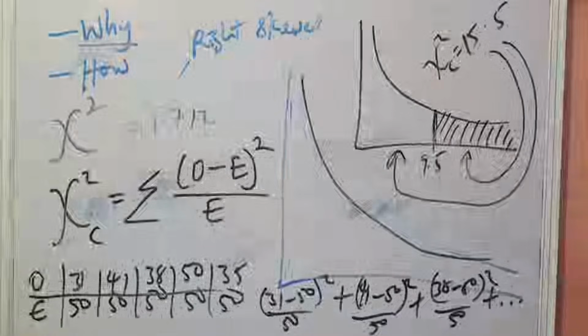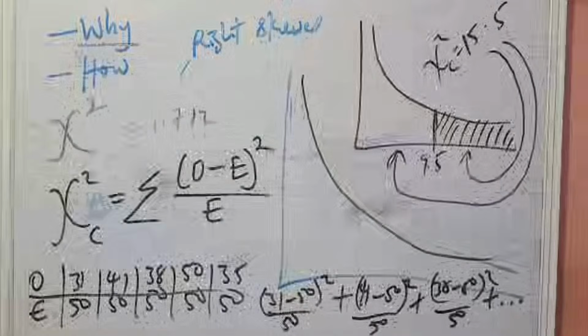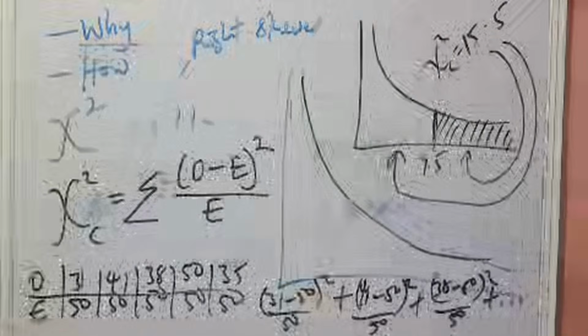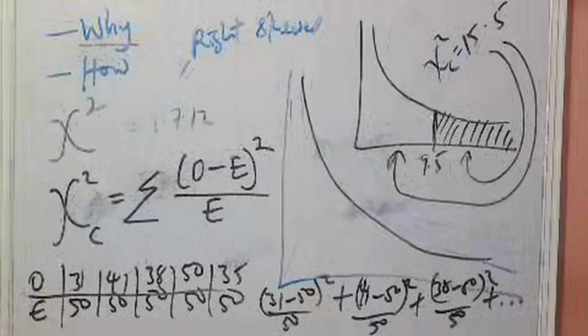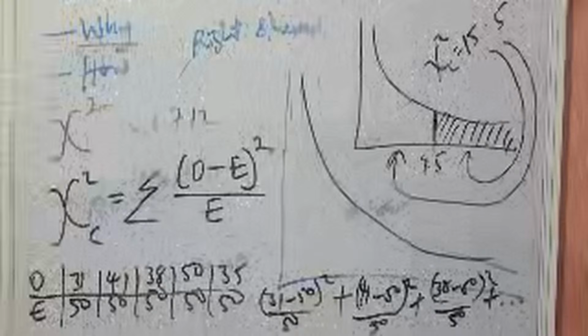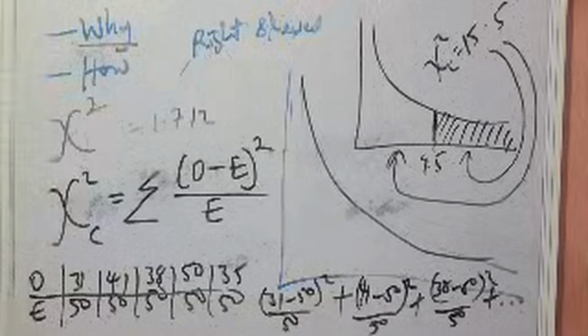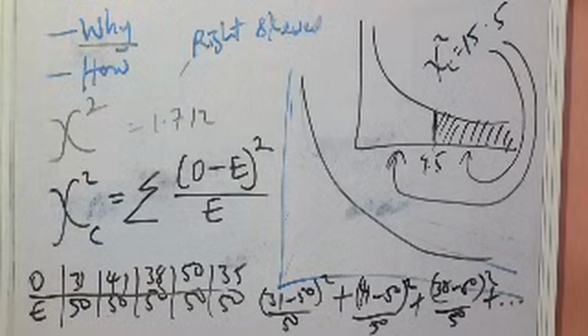Know what your degree of freedom is. That is the thing you must know for you to be able to make use of your chi-square table. Now, the other thing you must know is your significance level.